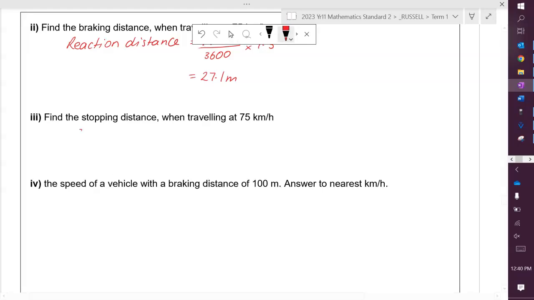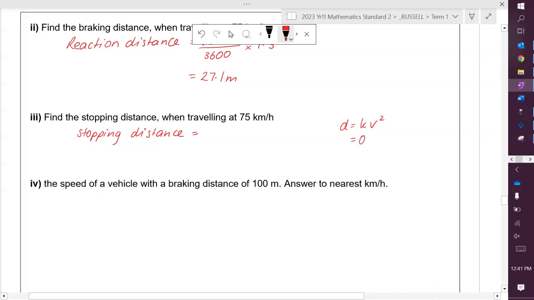So now we're finding the stopping distance. To do that, what I first need to find is the approximate braking distance, so I need to go back and use this formula. We're trying to find what D is for that braking distance.